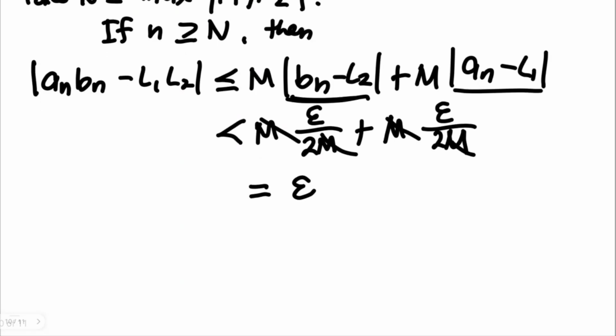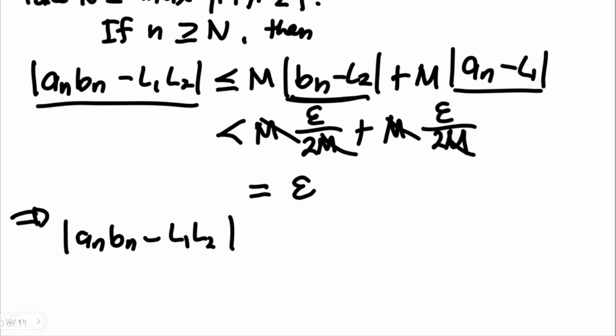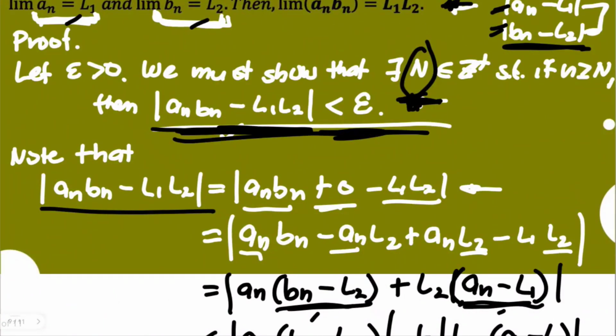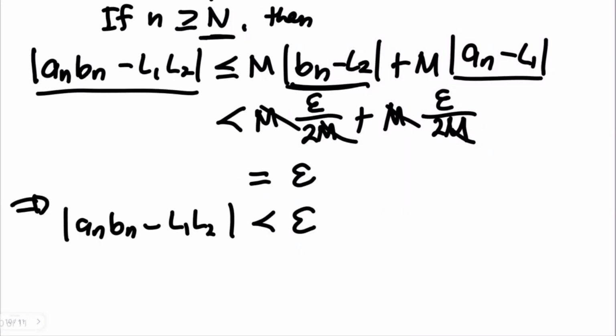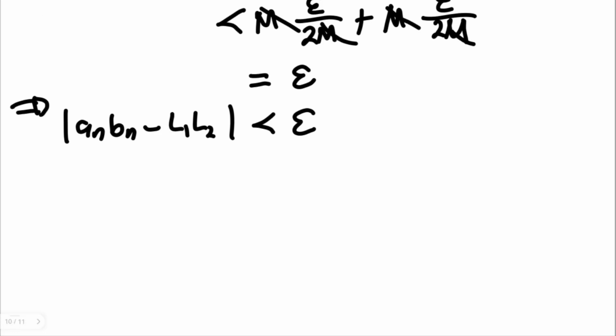And then finally, this gives us just this form: the absolute value of a sub n, b sub n minus L sub 1, L sub 2 is less than epsilon. This is what we would like to show. That's why it's very important for you to be guided. There exists n. That's why we use n alone for the maximum of n sub 1 and n sub 2. So basically, once we have that, we will have our conclusion.